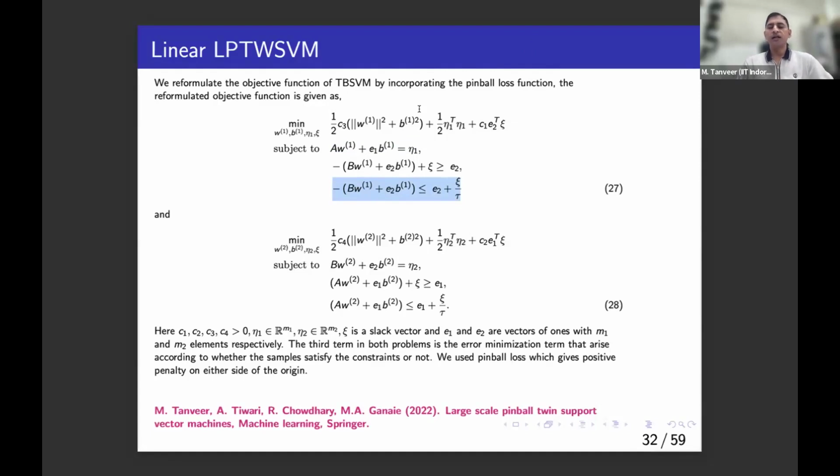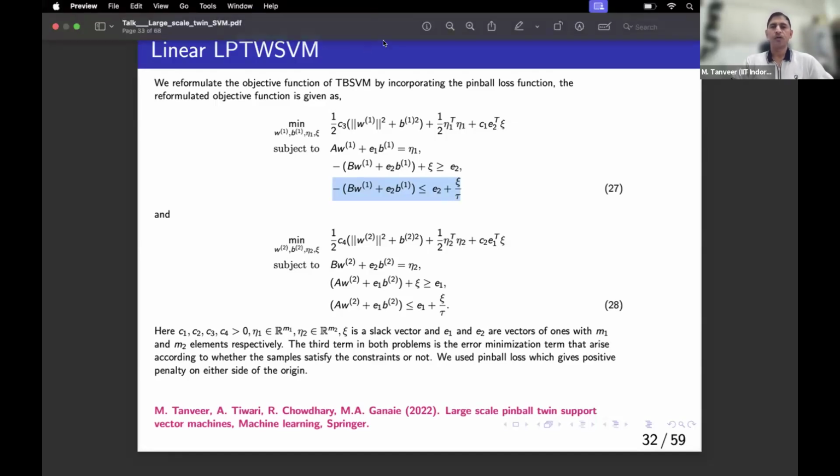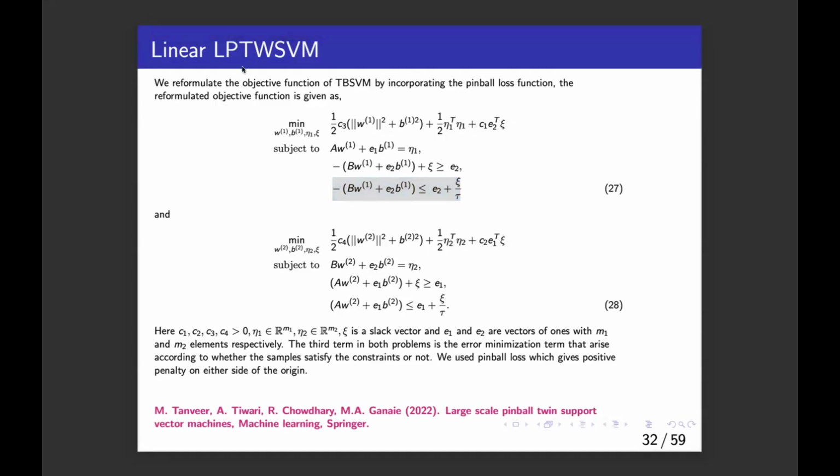So one can say that twin bounded SVM is a particular case. Even twin SVM is also a particular case of this algorithm. Okay. So I hope that this is clear.